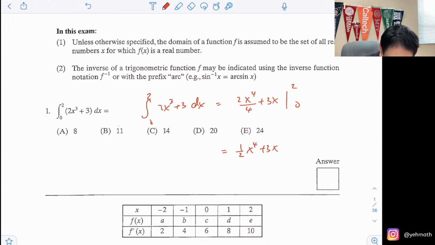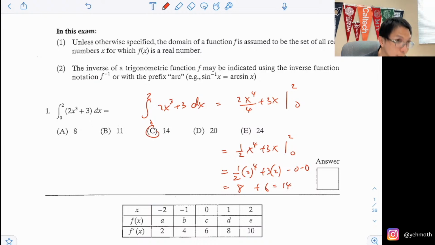Plug in 2 to the fourth over 2 plus 3 times 2, minus 0. So that's 16 over 2, which gives you 8. 8 plus 6 is equal to 14. So the answer is C. Is that right?